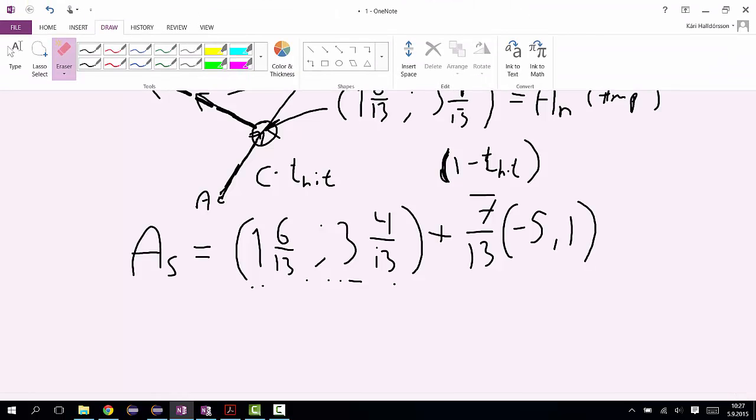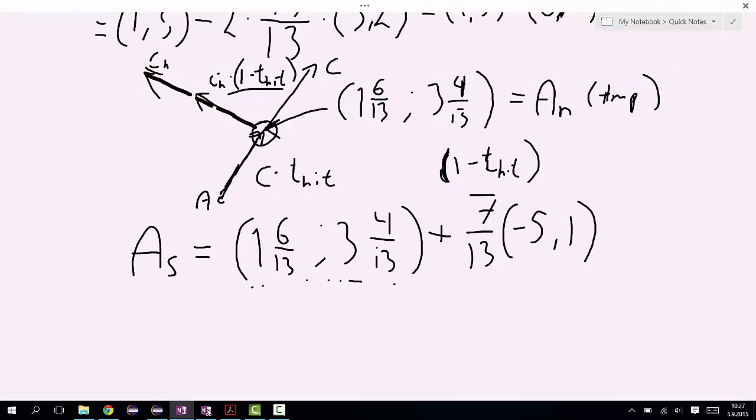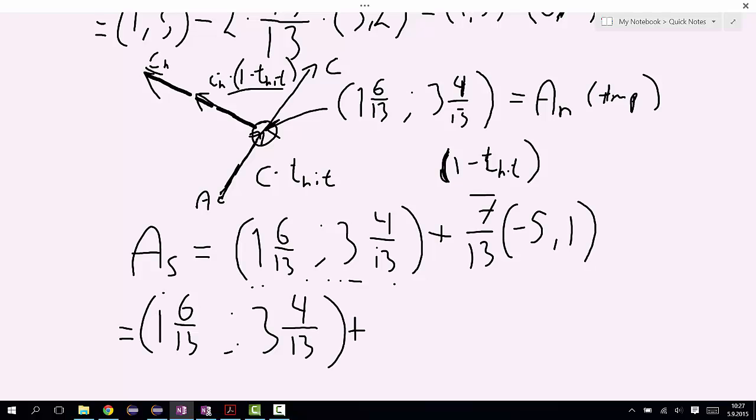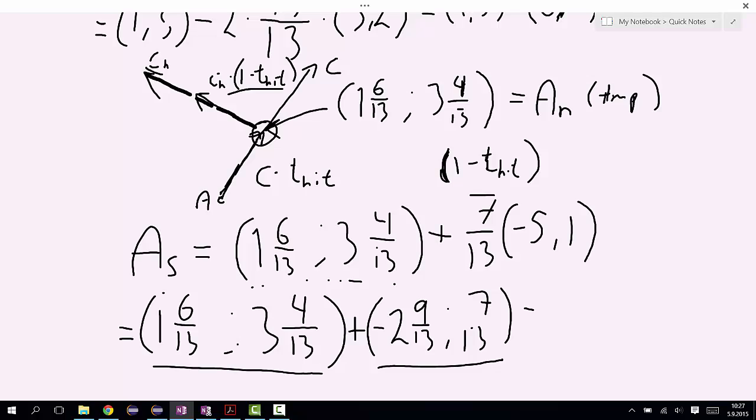What we need to have here is, okay, so this equals 1 6/13, 3 4/13, plus what we had earlier, which was minus 2 and 9/13, and 7/13. So this is what's being added. This is where we were at.